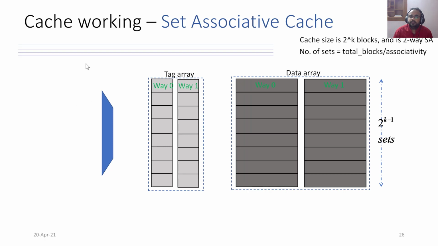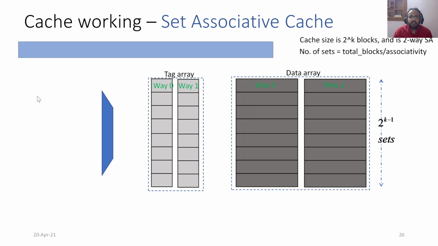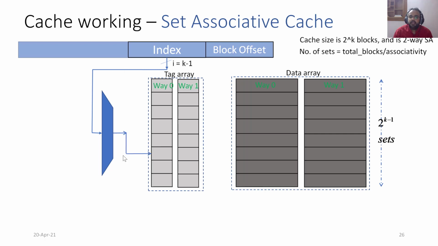Now let's say we have the n bit address, the block offset is there, then the index bits are now k minus 1. Those k minus 1 bits are taken and it will pick one particular set of this two-way set associative cache. It means that two tag entries and two data entries will be active now.